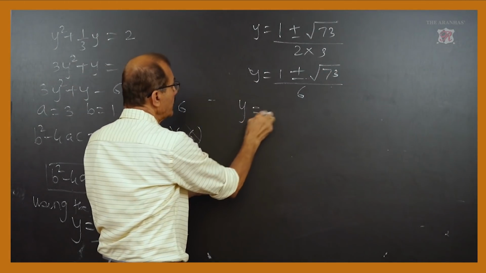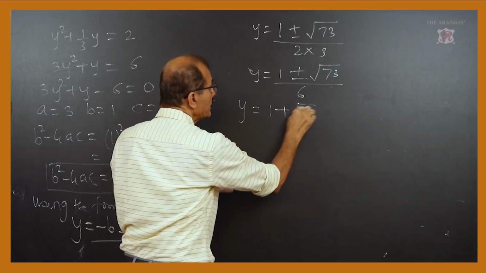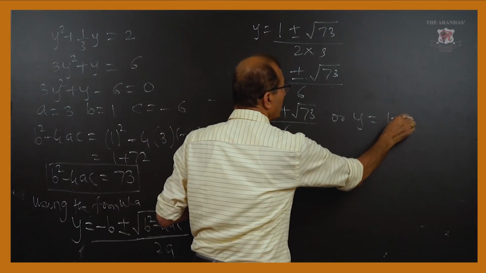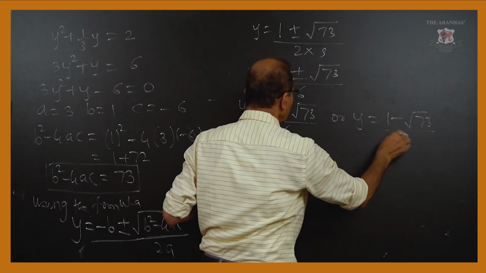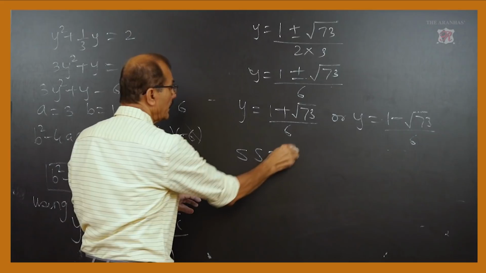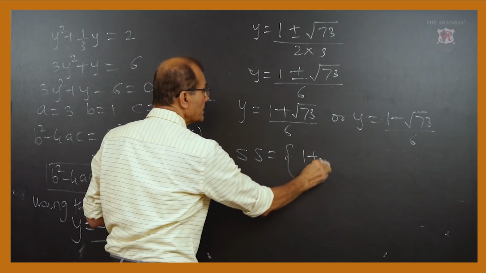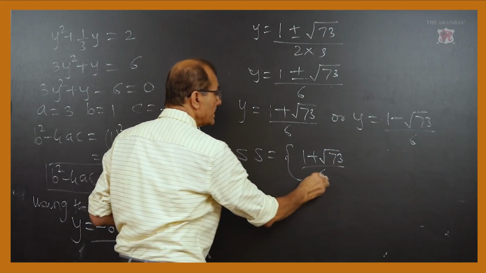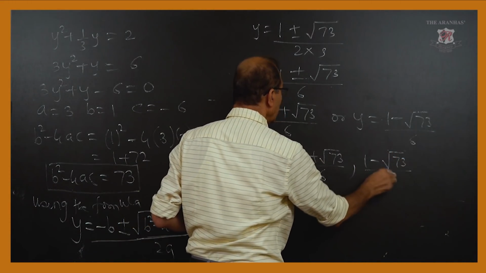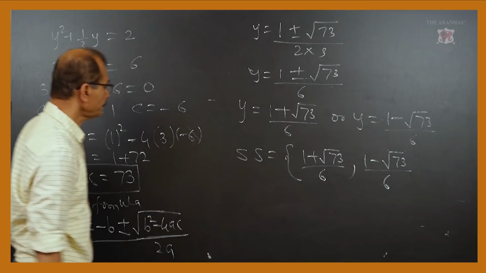So, you get y is equals to 1 plus root 73 upon 6, or y is equals to 1 minus root of 73 upon 6. And therefore, the solution set will be 1 plus root of 73 upon 6, or 1 minus root of 73 upon 6.